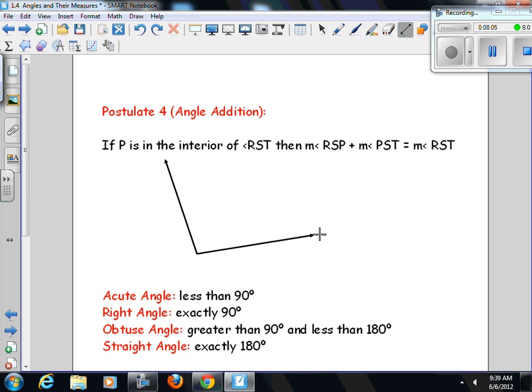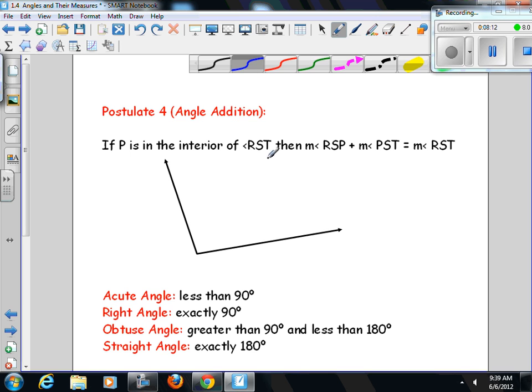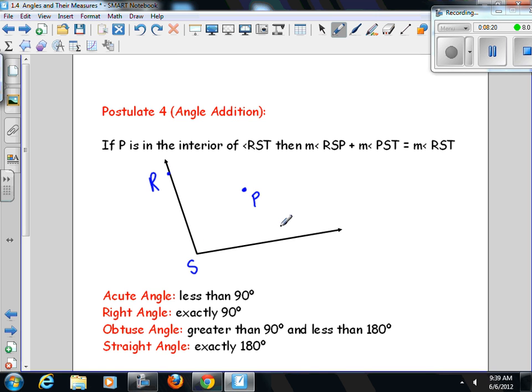We're going to make an angle here. And I'm going to have this point P. This is angle RST, and P is in the interior.